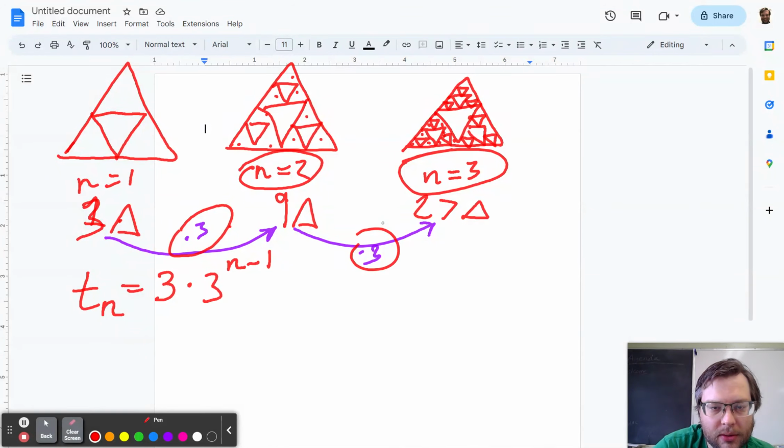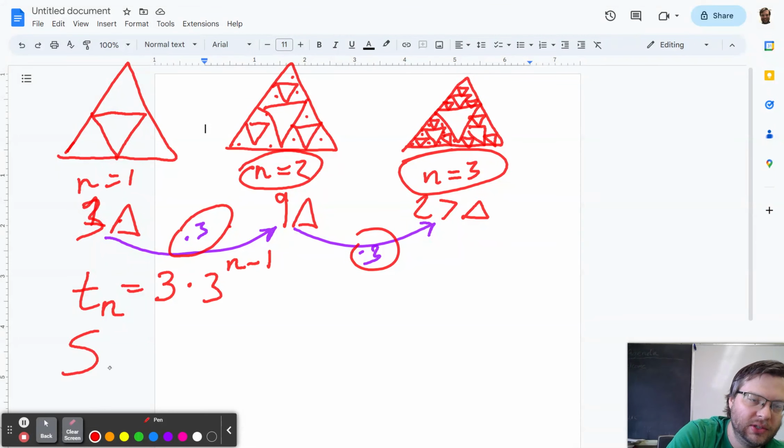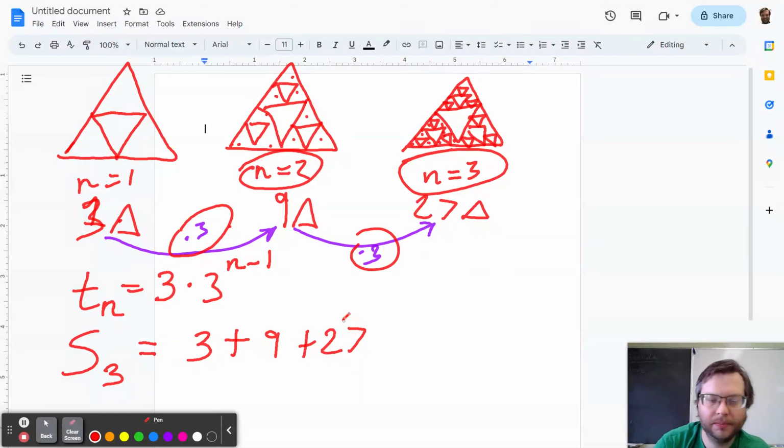So what I want to do now is add up all of those terms. So the sum of the first 3 terms. What we can do is write out 3 plus 9 plus 27.